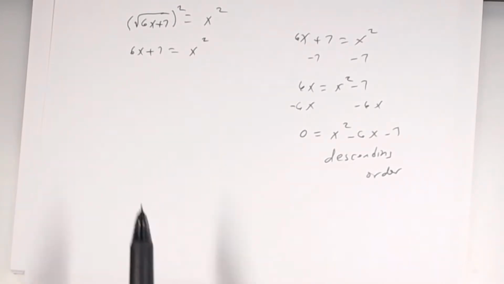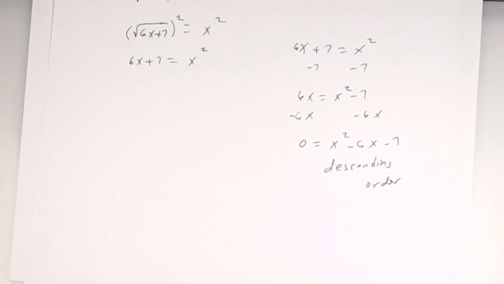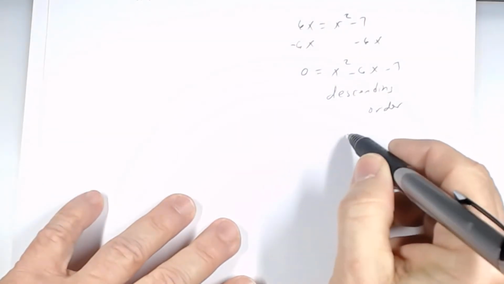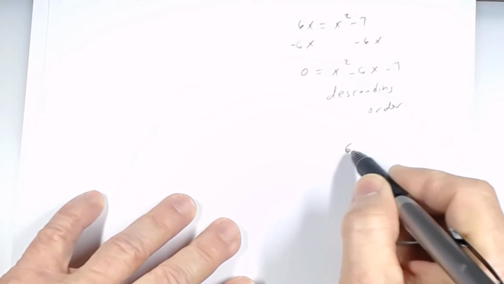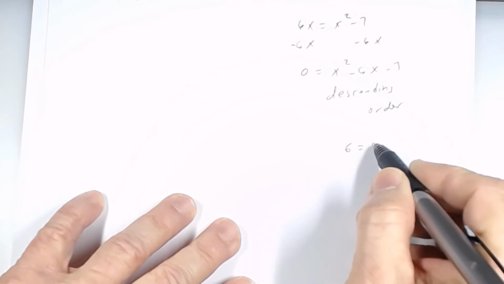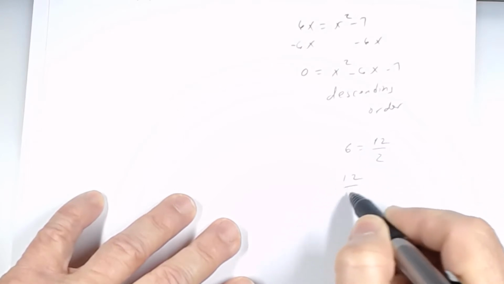So do y'all agree that this right here is this? And I'm going to go ahead and put the x squared minus 6x minus 7, the trinomial, on the other side. So do y'all agree, first of all, that this statement, 6 equals 12 over 2, is the same thing as saying 12 over 2 equals 6?